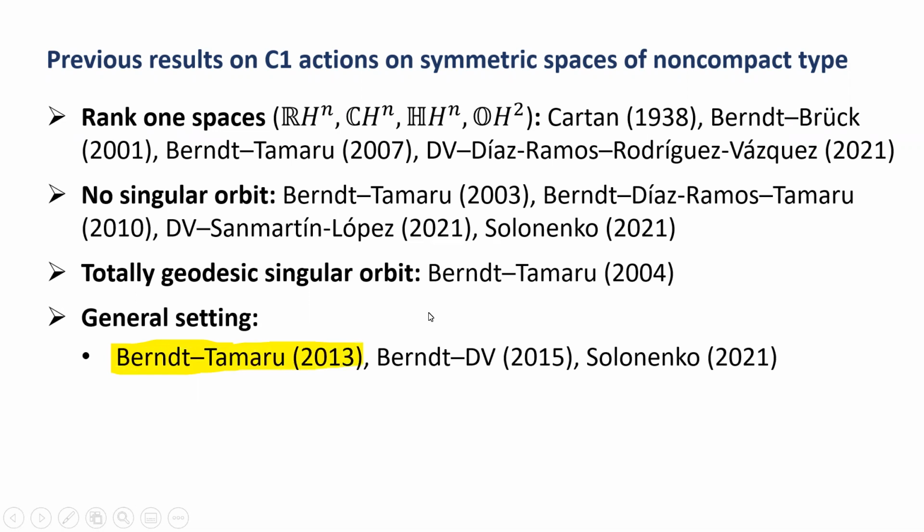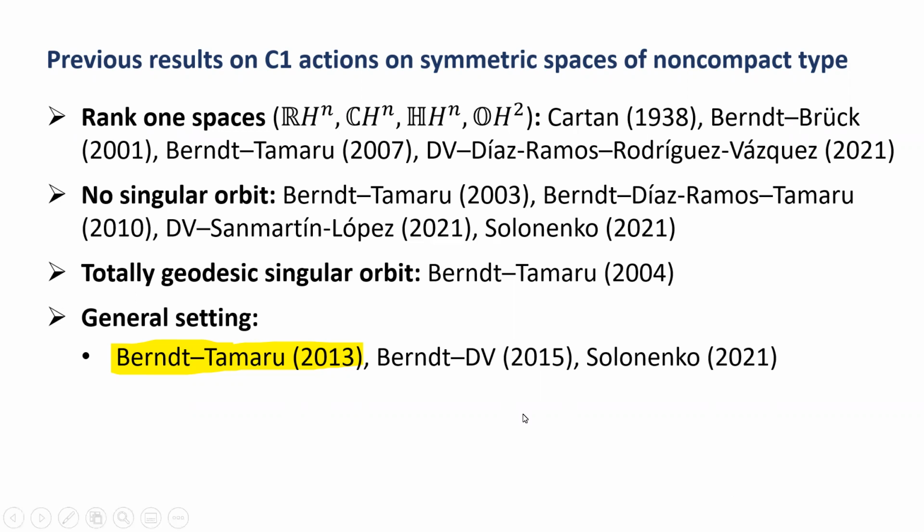So what do we know in the general setting without any restrictions? The most important paper here is this one by Berndt and Tamaru, who provided a list of possibilities on how to construct all possible cohomogeneity one actions. In particular, they introduced two new methods, which I will mention later.